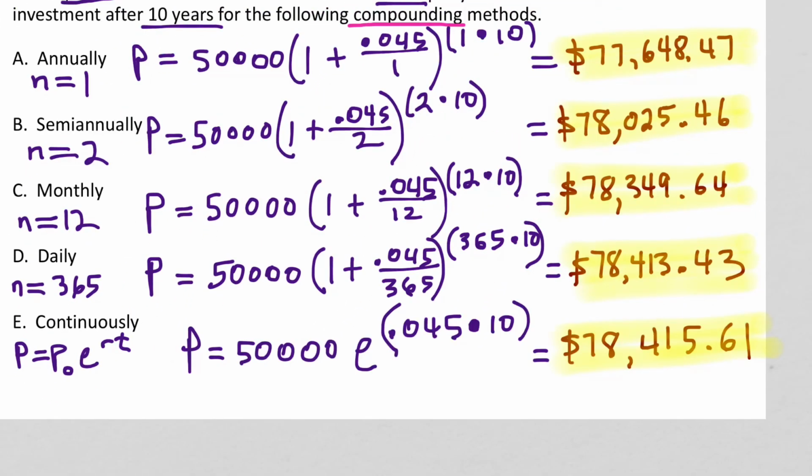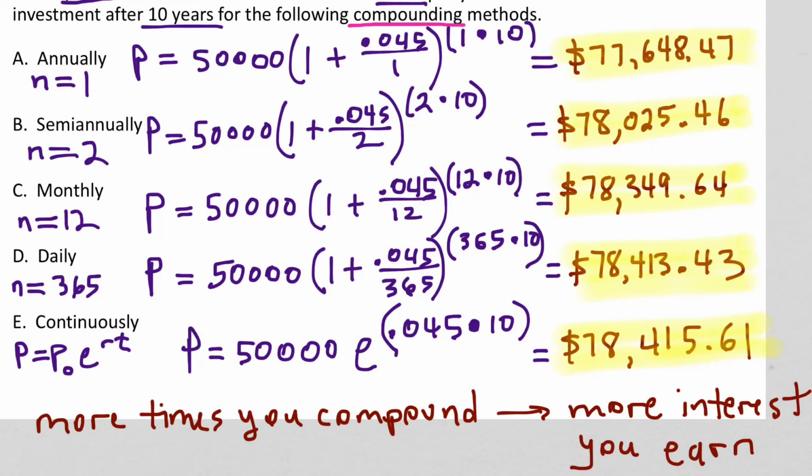I'm substituting into this equation here, P0 e to the r times t, where t is still 10, and I'm getting $78,415.61. So this is the most of all of the options here. Compounding continuously will increase your savings account fastest.